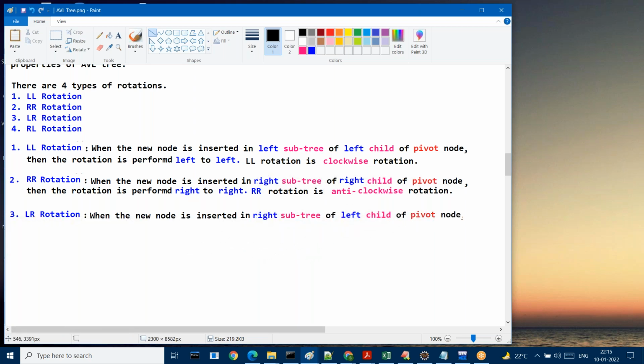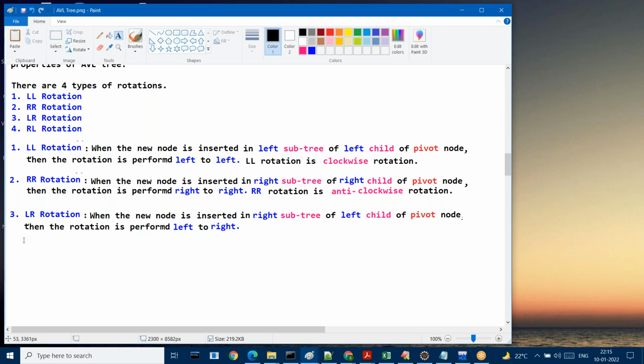So when the new node is inserted in the right subtree of the left child of the pivot node, then the rotation is performed left to right. This is a bit dangerous one.